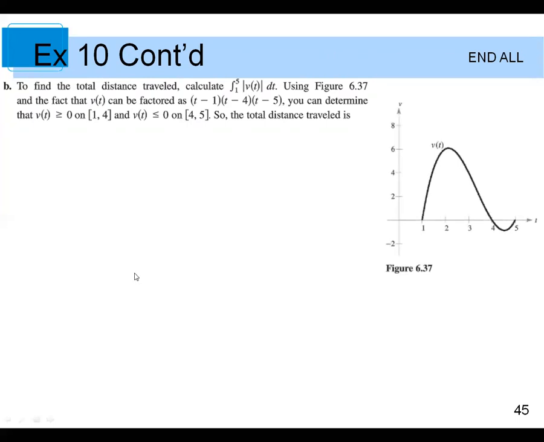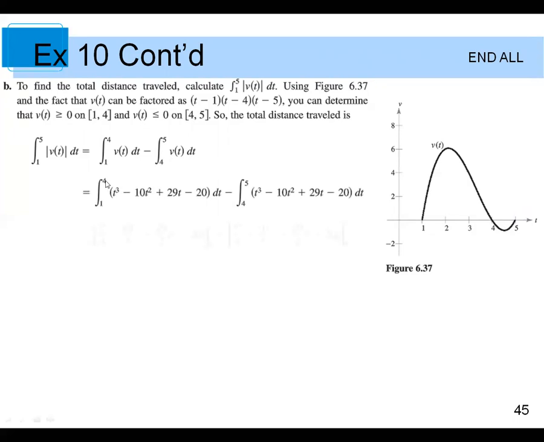So I would integrate the function from 1 to 4 of v of t, and then integrate the opposite of the velocity from 4 to 5, because if you integrate from 4 to 5, your answer is going to end up being negative. So you want to subtract it, so you take the opposite of it.